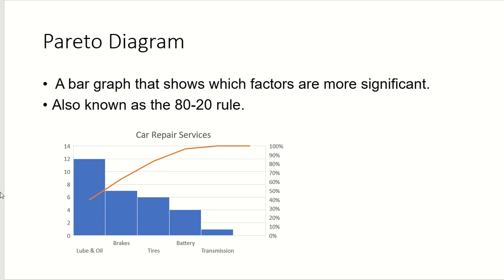For the same data, you can also do a Pareto diagram. Pareto is from an Italian economist. Nakita niya na 80% of the nation's wealth is controlled by 20% of its population.